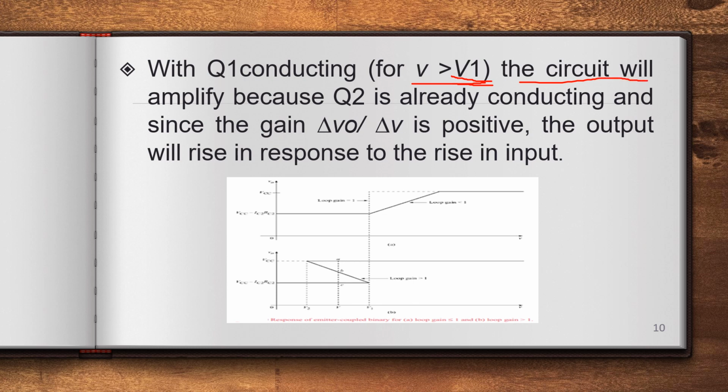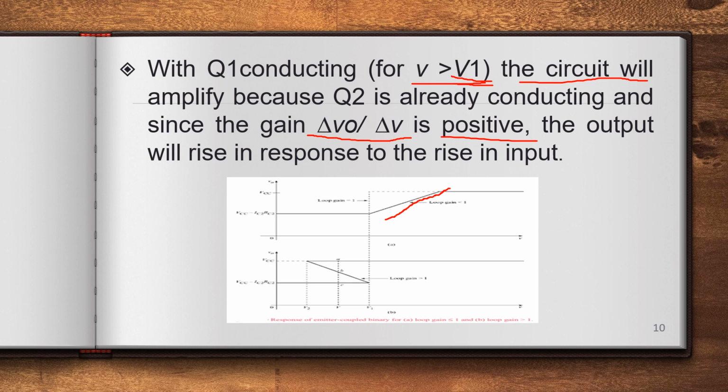Now the circuit will amplify. Why? Because transistor Q1 also starts conducting, and Q2 is already in conducting state. The gain, the change in output voltage by change in input voltage, is positive, and the output will rise in response to the rise in input.